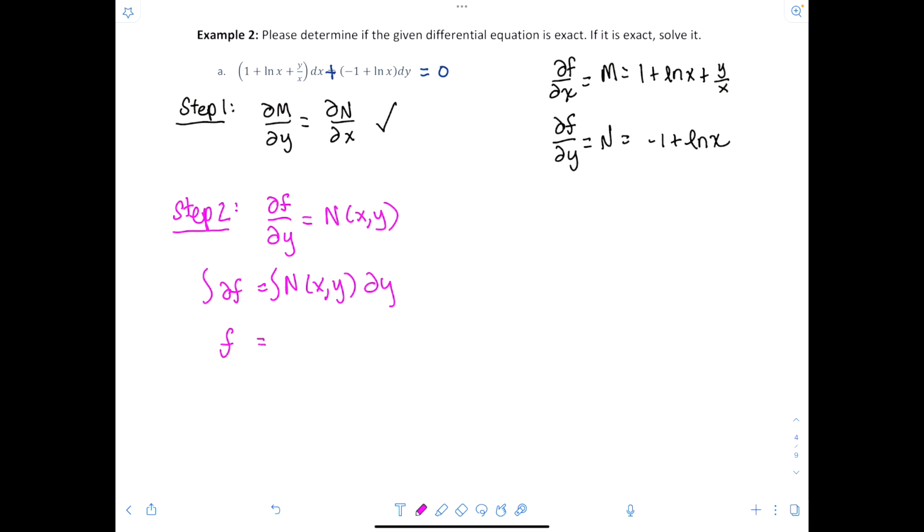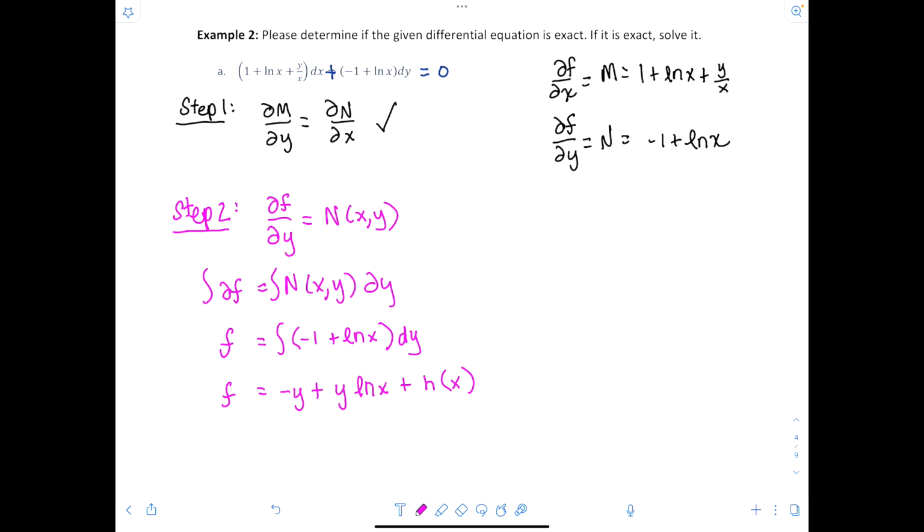We know what N of x and y is, so let's plug that in. We're going to get -1 plus natural log of x, but we're integrating with respect to y, so I'm just going to write it as dy. And then f will end up being -y plus y times natural log of x, and then plus some function of x, call it h of x.